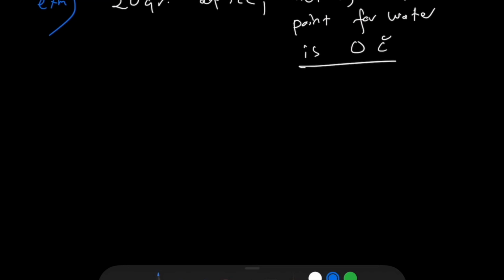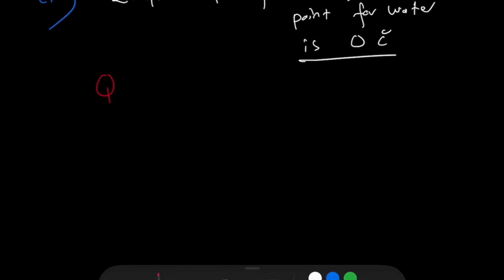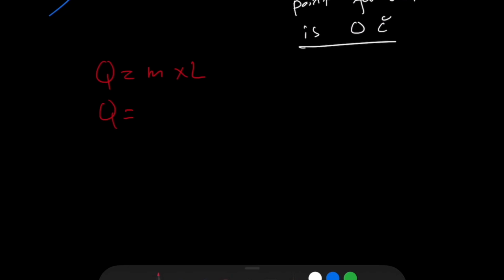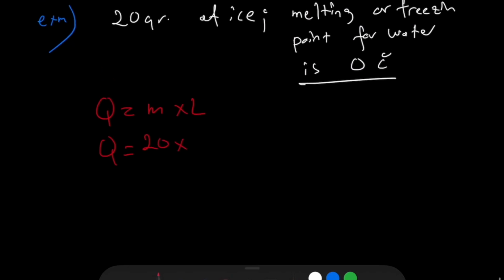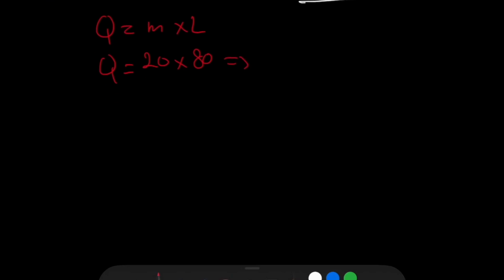So if there is no temperature change, we can use Q equals mL. So Q is equal to m, 20 gram, and the latent heat is 80. If you multiply this, we have 1,600 calories.